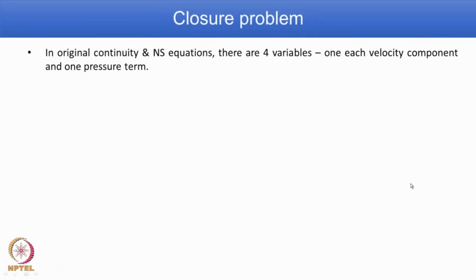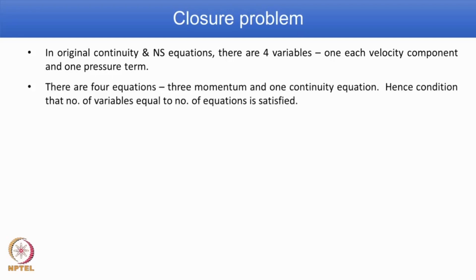We learnt about the closure problem. What is the meaning of the closure problem? We revisit that again. Originally, we have the continuity equation and 3 equations of the Navier-Stokes equation. So there are 4 equations and there are 4 variables, 3 velocity components and 1 pressure term.